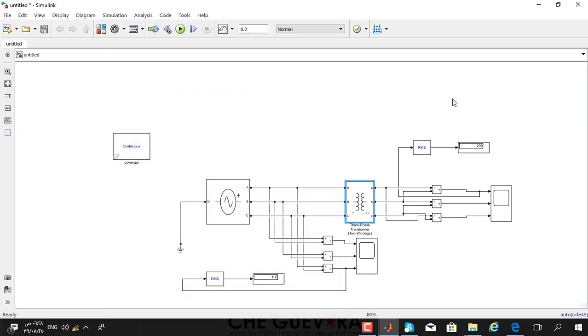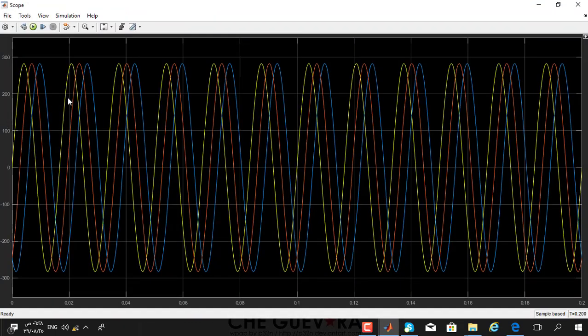OK, and OK, run. Let's check the graph. Yes, this is our graph.